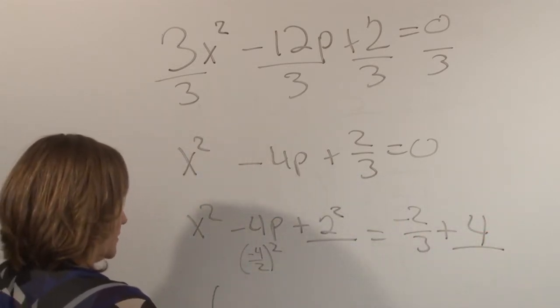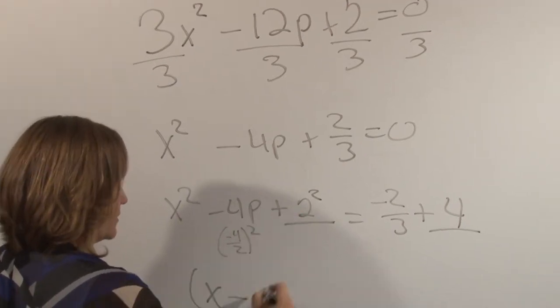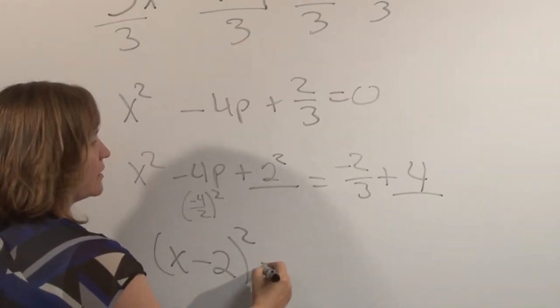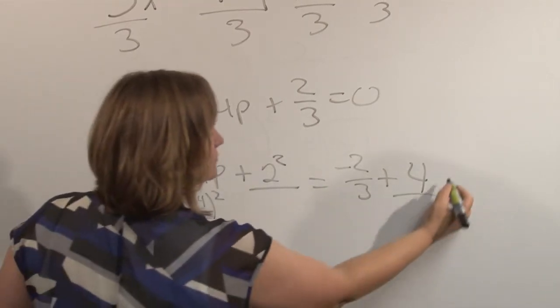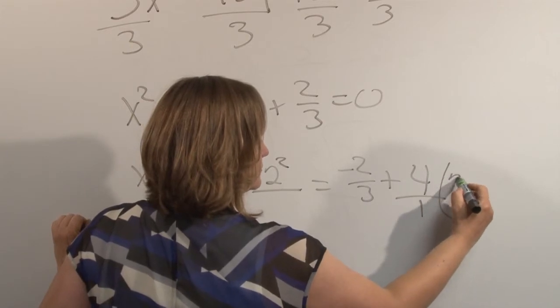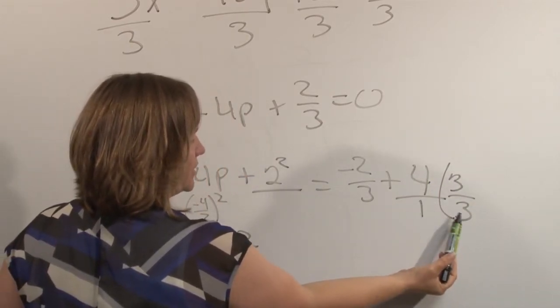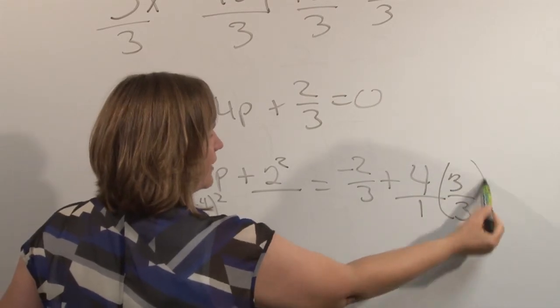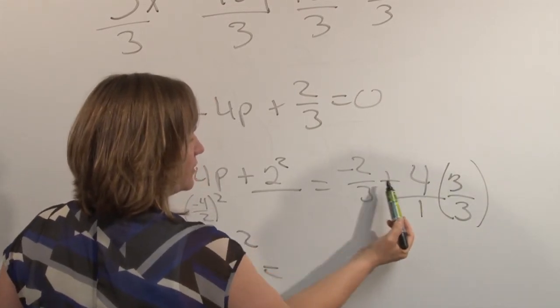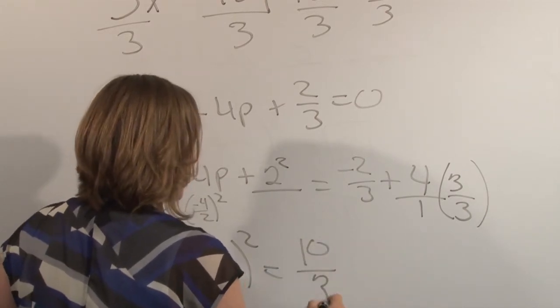This side will factor into the square root, this sign, the square root, and then remembering that we need a common denominator to add, I need to multiply this 1 by 3 to get that denominator, so I'll have to multiply that. That gives us 12 plus a negative 2, which is 10, over 3.